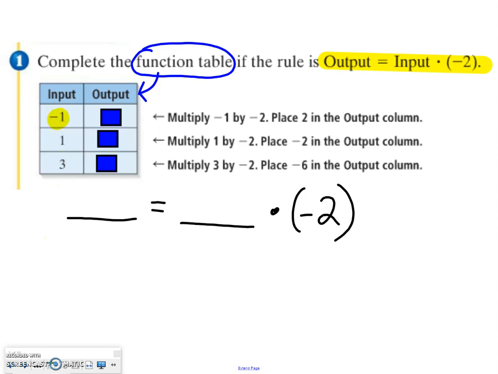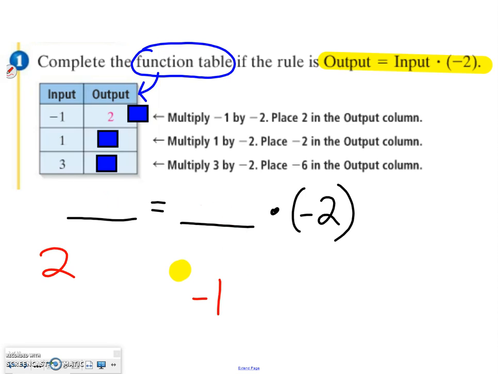So right here you have an input of -1. If we put that -1 into the machine, you should know that -1 times -2, two negatives multiplied, equals a positive. That means that our output is 2, and that would go in the blank.